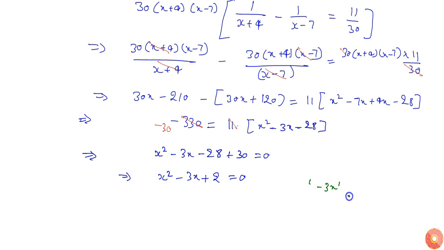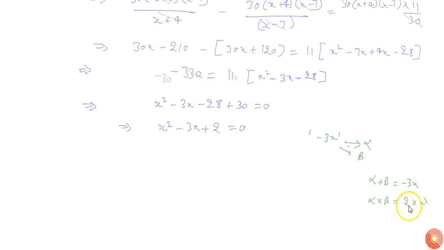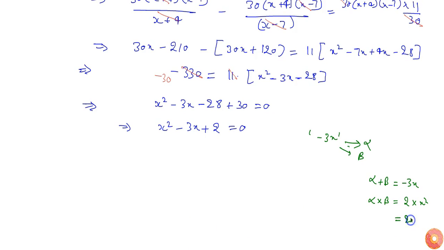and to solve this equation I need to split the middle term minus 3x into two terms alpha and beta such that alpha plus beta equals to minus 3x, and alpha into beta should be the product of remaining terms, 2 into x square. So this is 2x square.